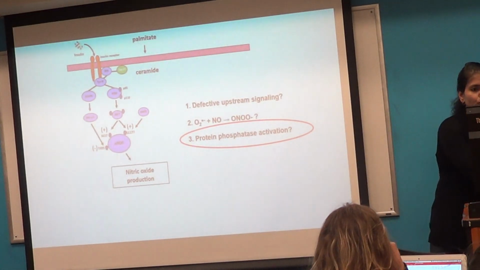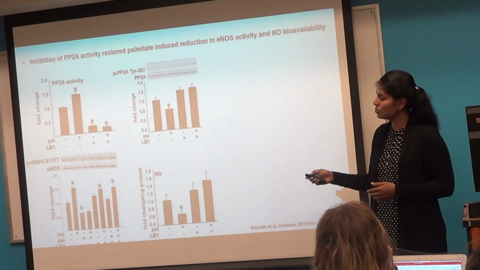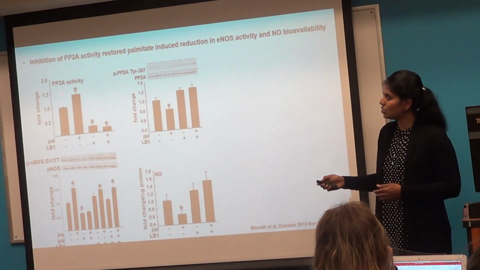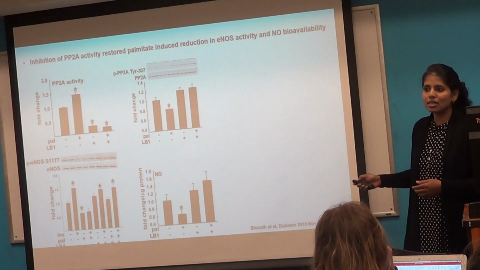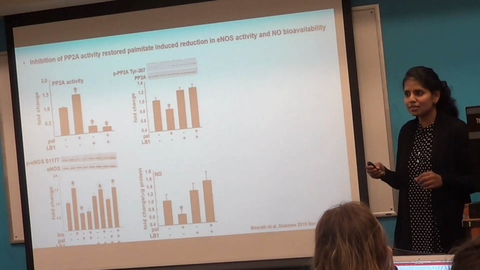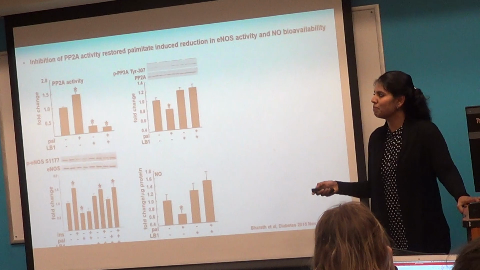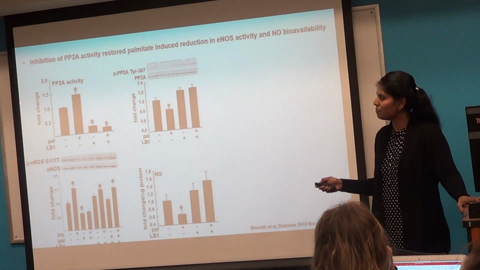We came up with this phosphatase called protein phosphatase 2A, that is PP2A. Protein phosphatase 2A activity shot up so much when you treat the cells with palmitate. That's an indicator that we thought, oh, maybe here there's something that we are striking. Maybe it's the phosphatase. Why is its activity that high?